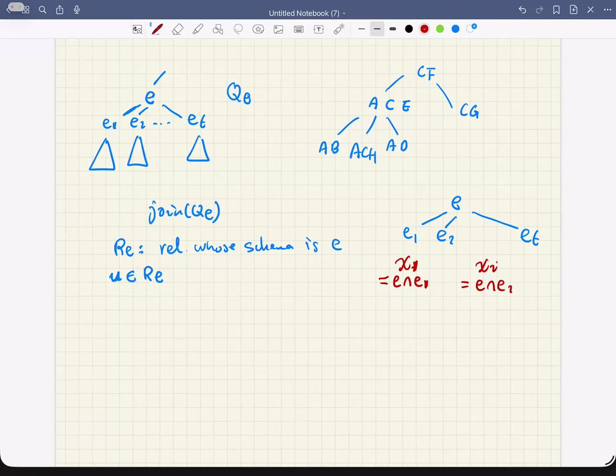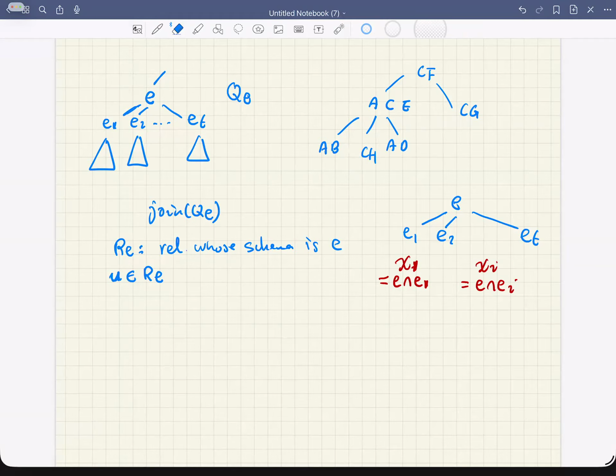You can compute such a window. Actually for all these guys, it will be A. That's a bit boring, so let's change the example a little bit. Let's say something like this, so that for CH, it's going to be C.